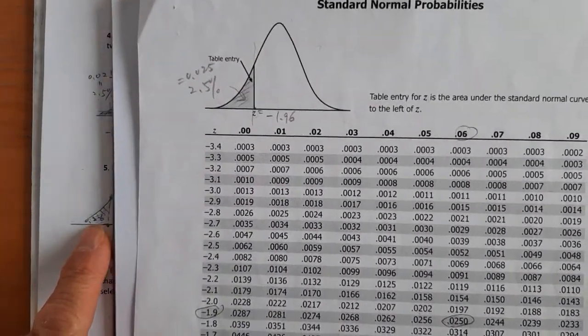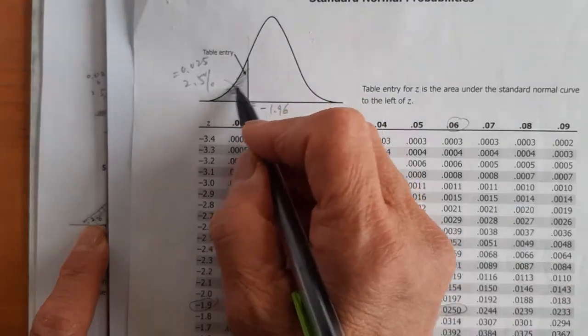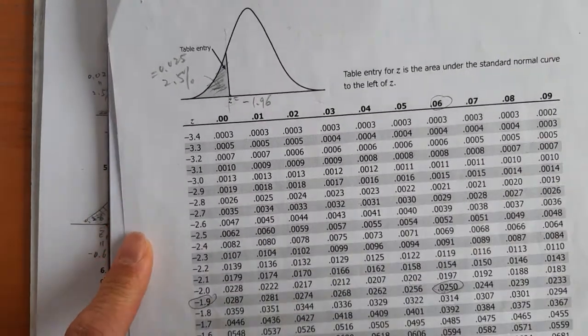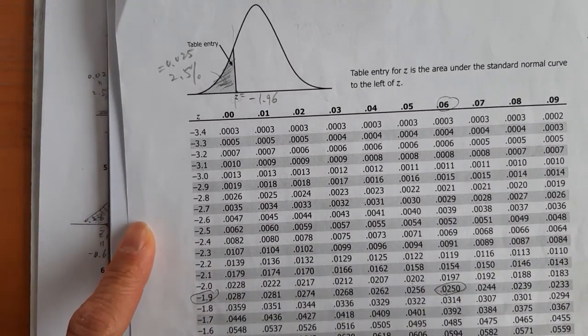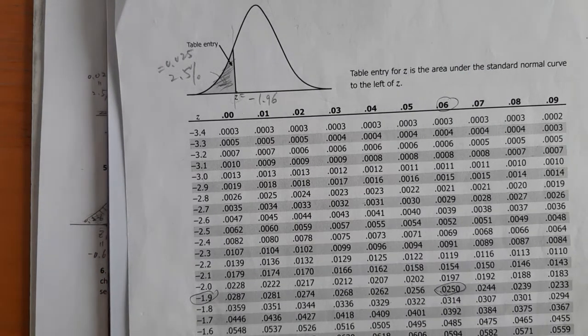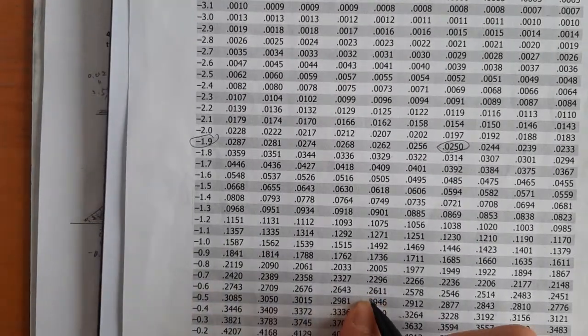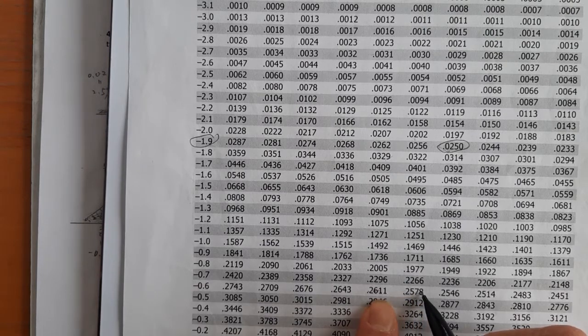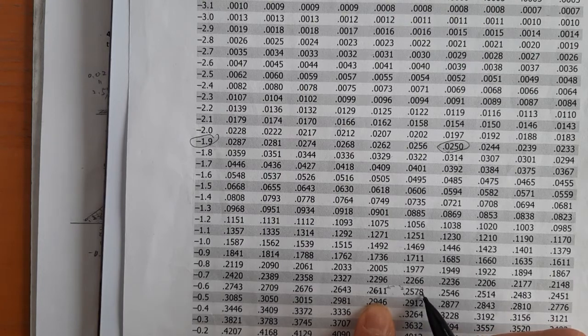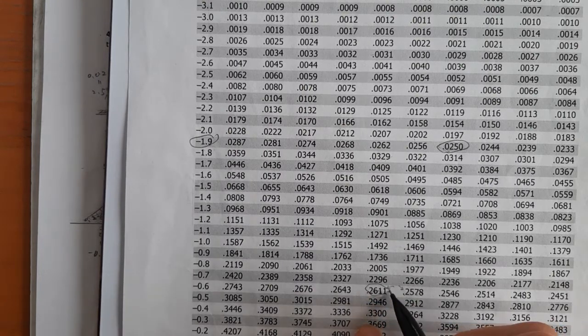Here, this question is 0.26, so you look in the body for 0.26. It is very close to these: this is 0.2611, and this is 0.2578. So 0.26 is closer to one of them, since one is 11 away and the other is 22 away.